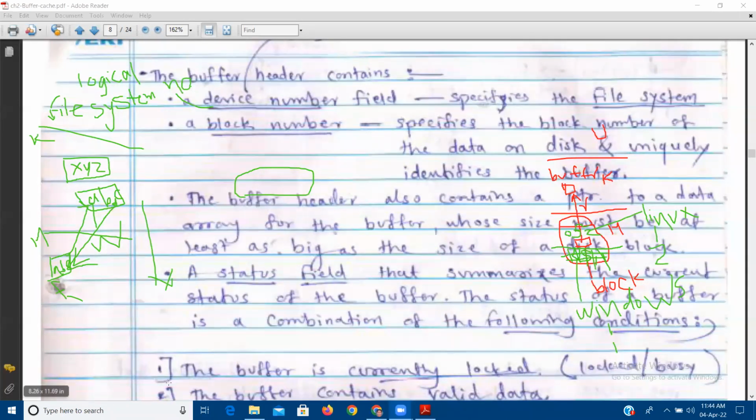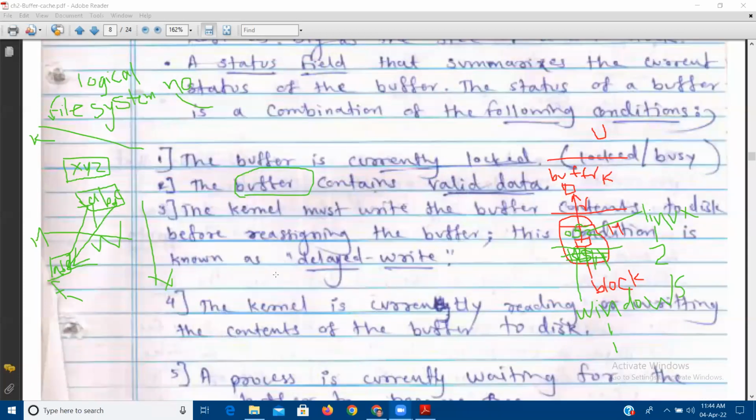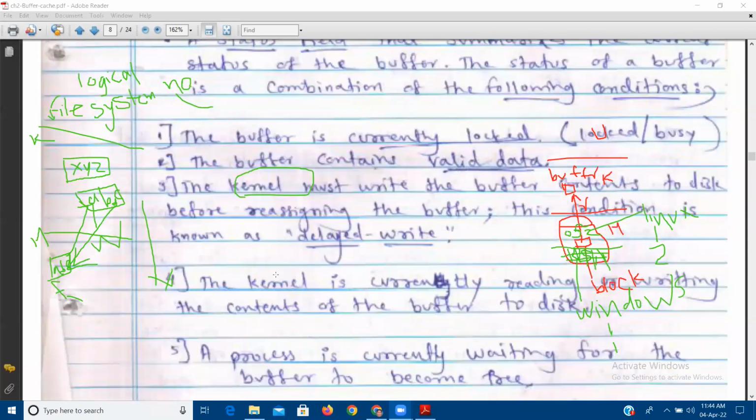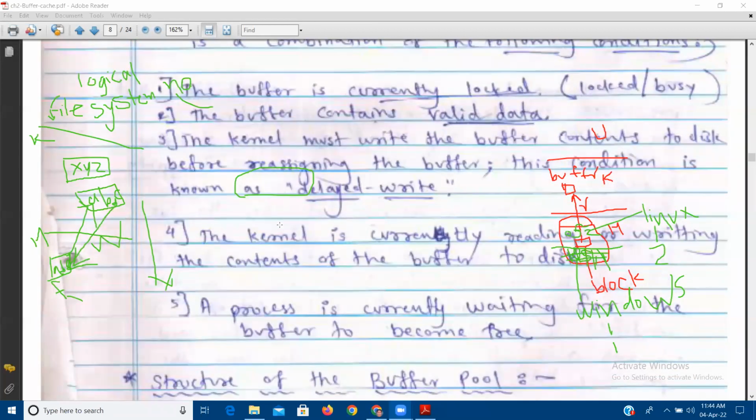And then write the third field, that is status. Under status, you can write these many statuses. Total 5 statuses are there. On status, they are asking for a short note.